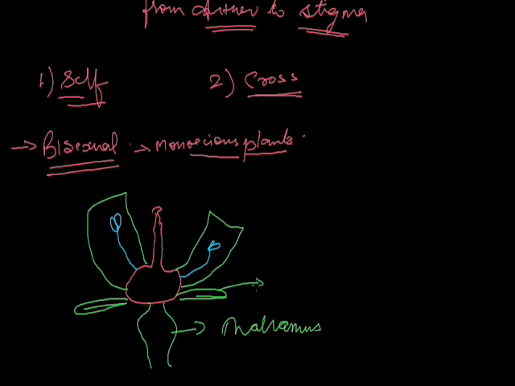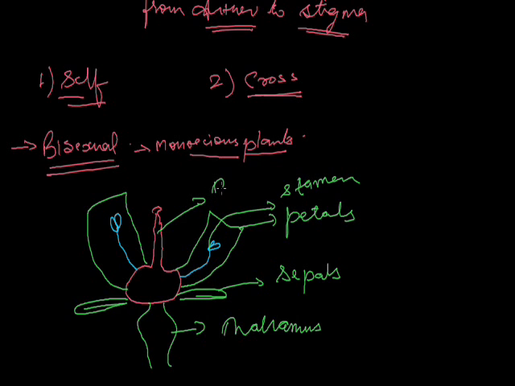This is the outermost part, the sepal. These colorful leaves are the petals. This is the third whorl of the flower, the stamen, in which the anther is producing the pollen grains. And the innermost part is the pistil, in which three parts are there: the stigma, style, and the ovary. So what is actually happening here?